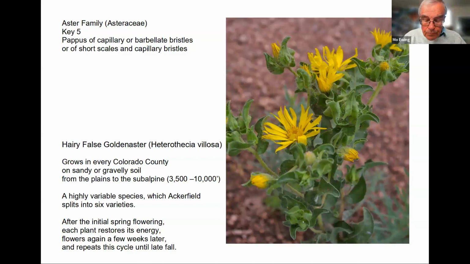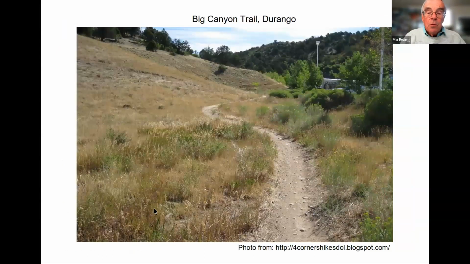Okay, so moving on to Durango on the western slope. There's a trail called Big Canyon Trail. Again, I haven't been to this, but I've researched the trail and researched some of the flowers on it.